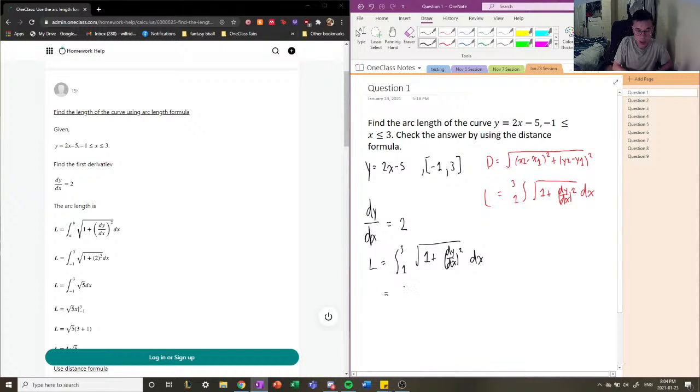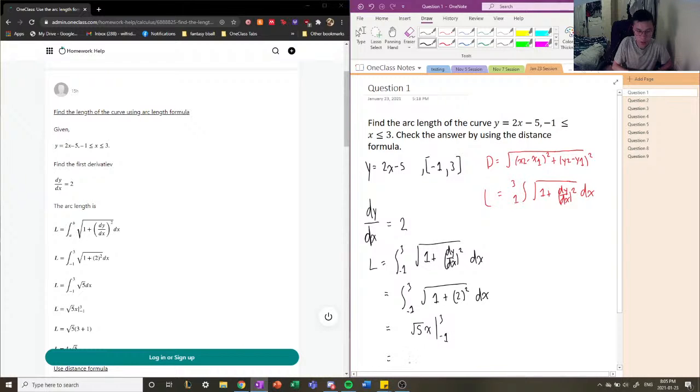So in this case, our derivative of our function is 2. So 1 plus 2 squared dx. And that's equal to, it's from -1 to 3, my bad. And that's equal to the root of 5 times x from -1 to 3.